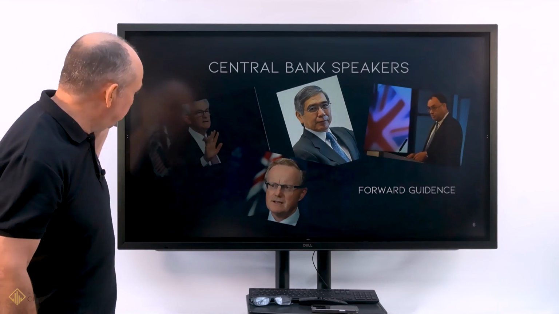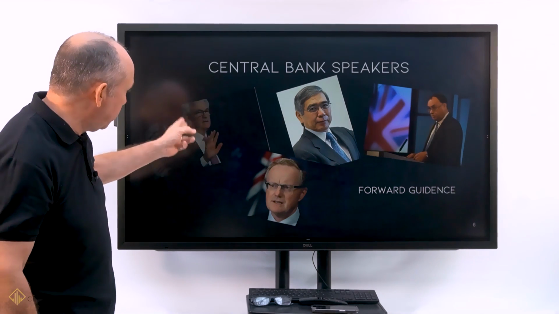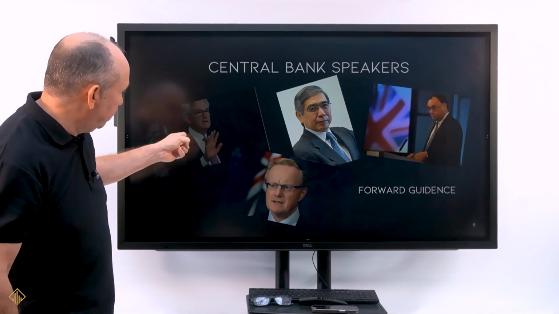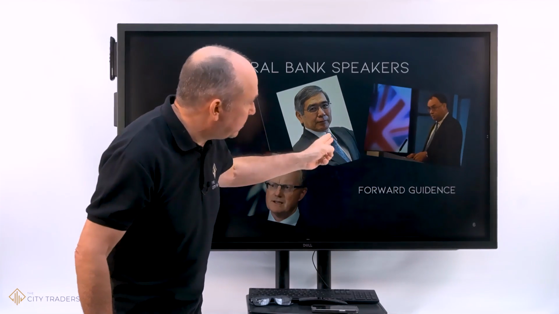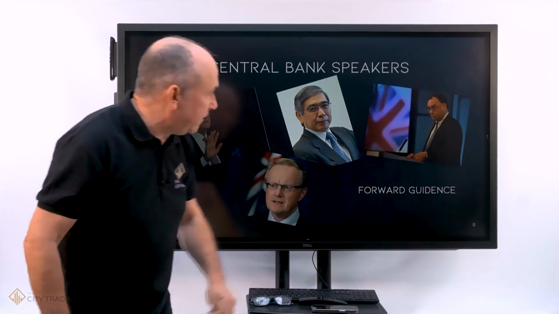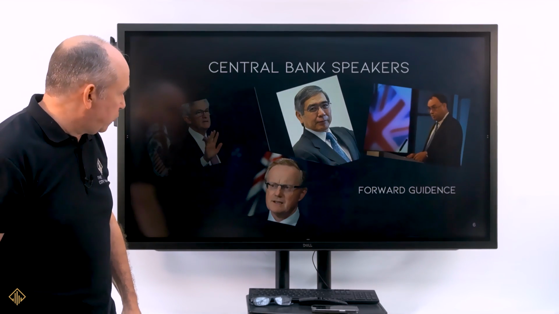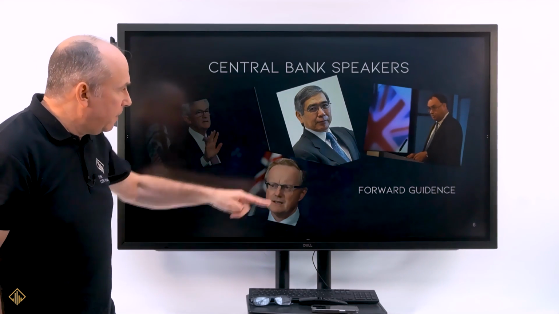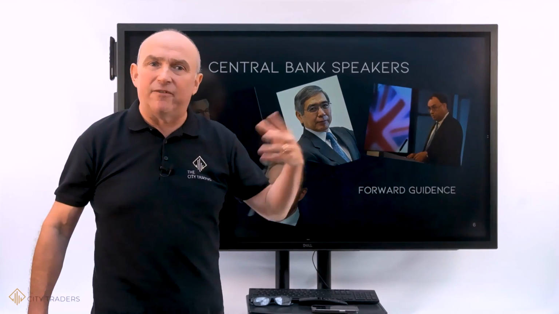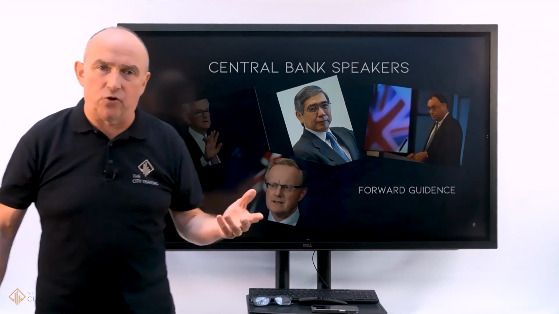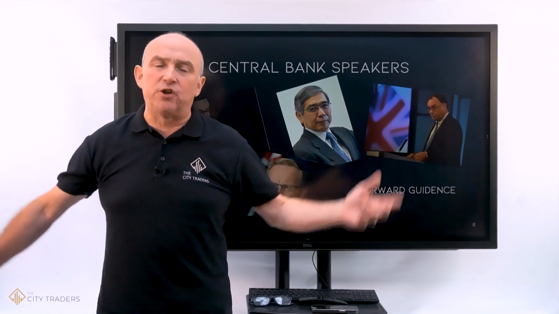So these are the governors of the central banks. Here you've got Governor Powell, you've got Kuroda in Japan, you've got Bailey out of the UK. This is Lowe out of Australia. Now, the forward guidance is something they've adopted really, I think, since the global financial crisis in 2008. They don't want to be shocking the markets.